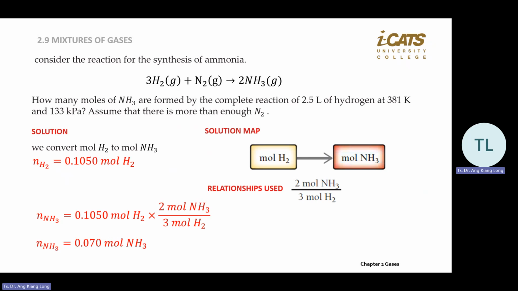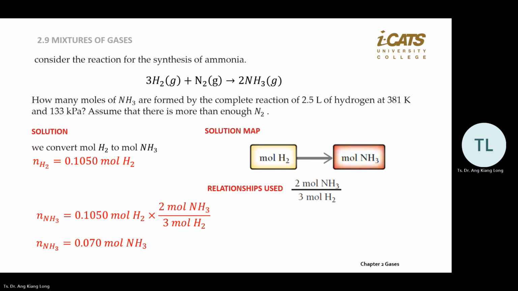In periodic table, nitrogen, it's 14.007.